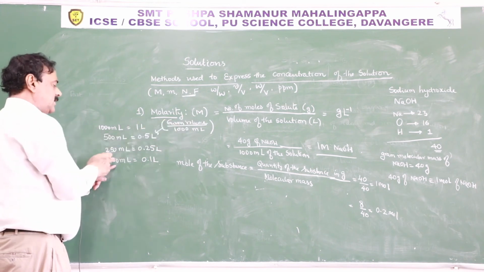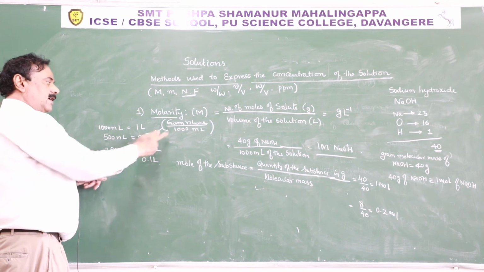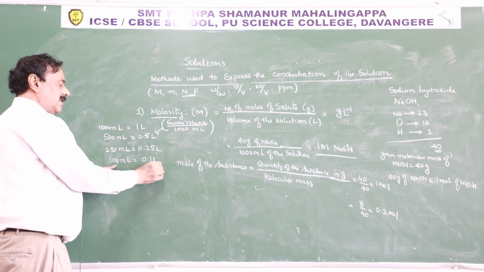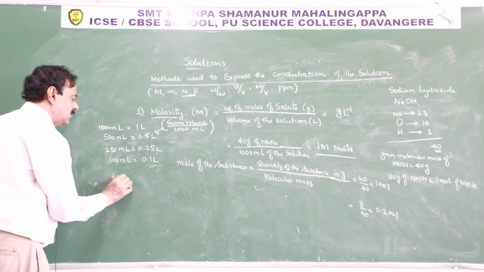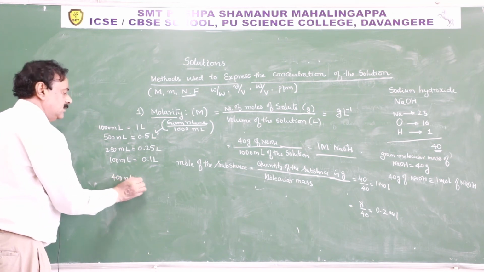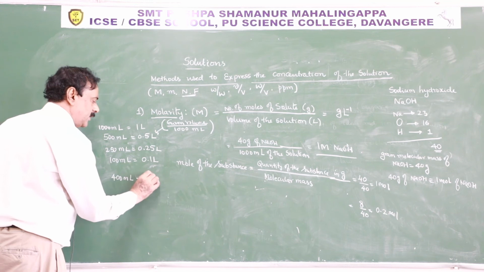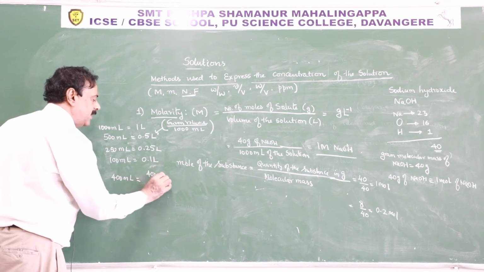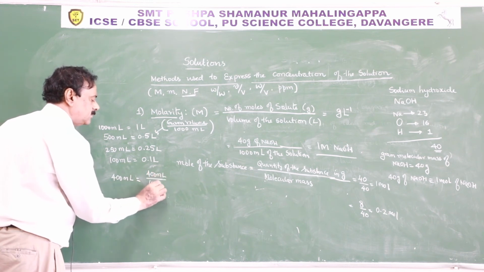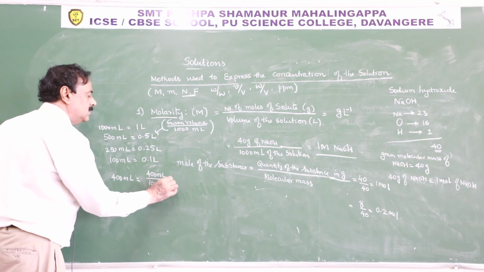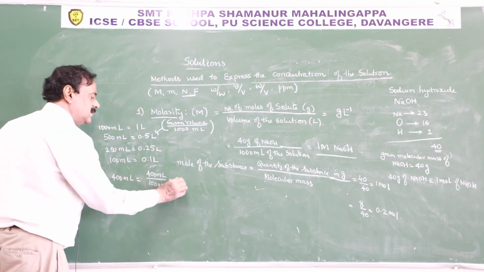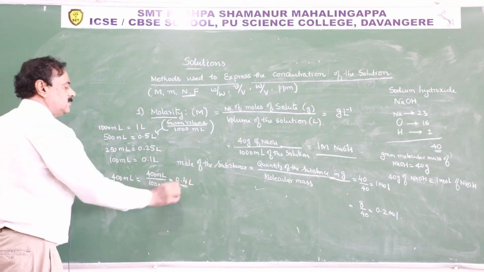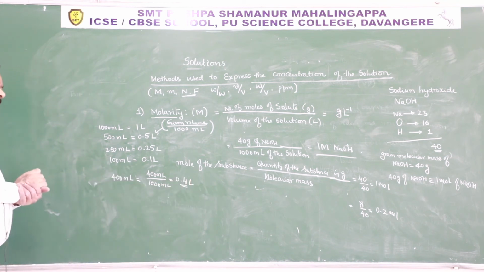If the given volume is 100, then 100 by 1000 is 0.1 liter. If the given volume is 400 ml, then 400 divided by 1000 is 0.4 liters.